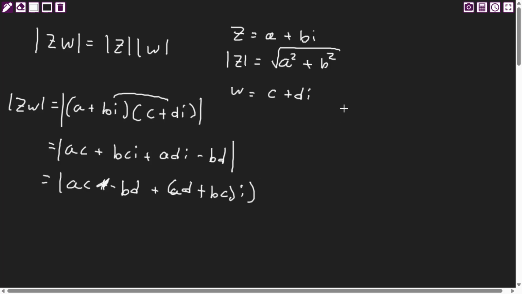Now if we take the definition of the modulus, this is equal to ac minus bd squared plus ad plus bc squared, all square rooted.